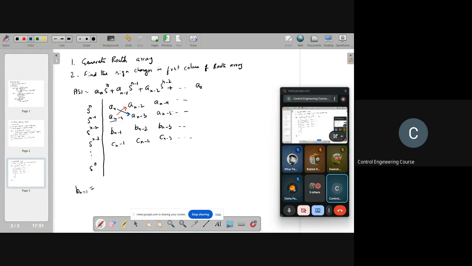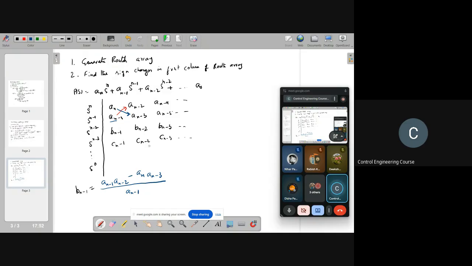That means bn minus 1 is a n minus 1 into a n minus 2 minus a n into a n minus 3 divided by a n minus 1. Okay.